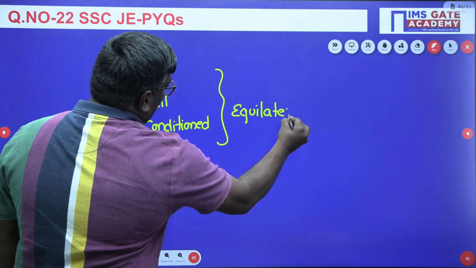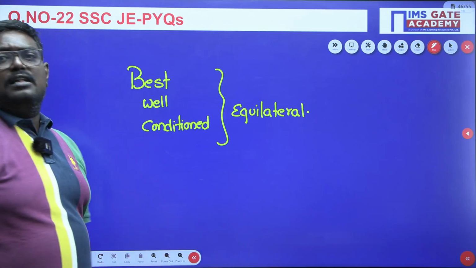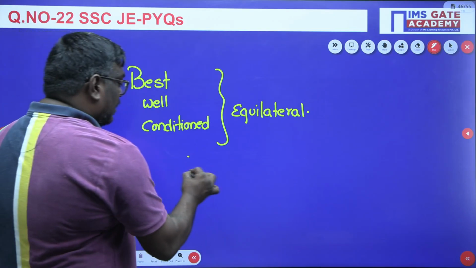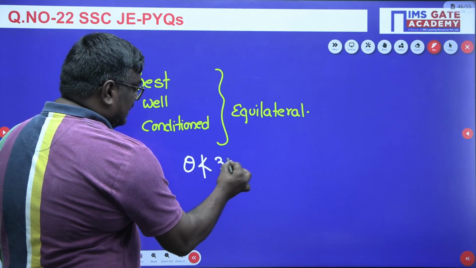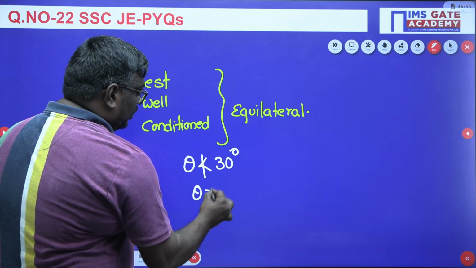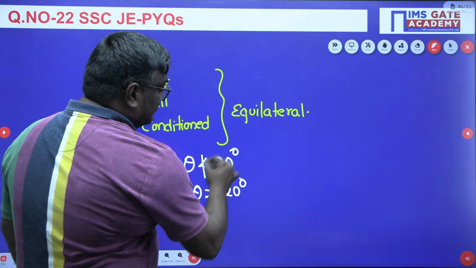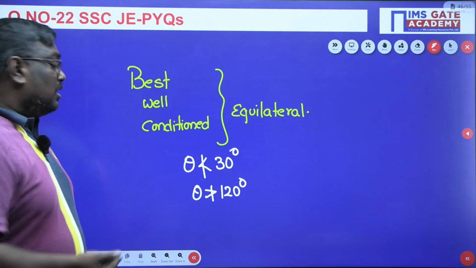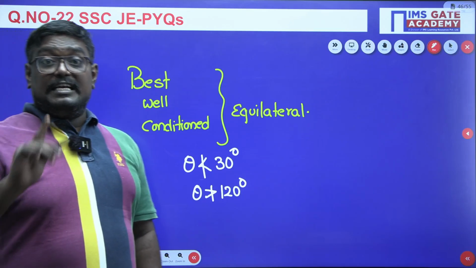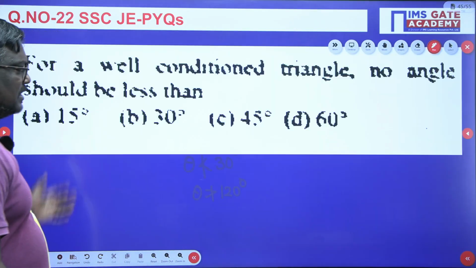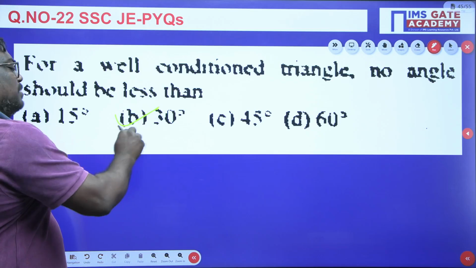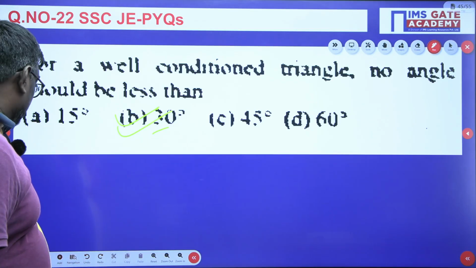And remember, for a triangle to be well-conditioned, there is an important criterion: theta should not be less than 30 degrees and theta should not be more than 120 degrees. If it is below 30 degrees or more than 120 degrees, then it is called an ill-conditioned triangle. But in this question, it should not be less than 30 degrees. So the right answer is 30 degrees.